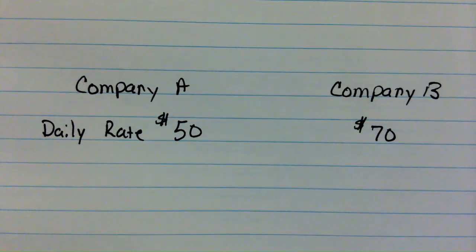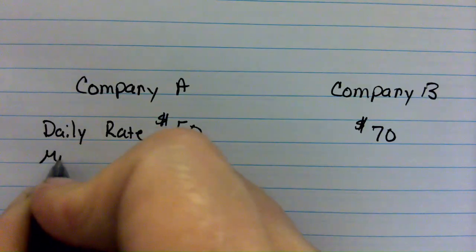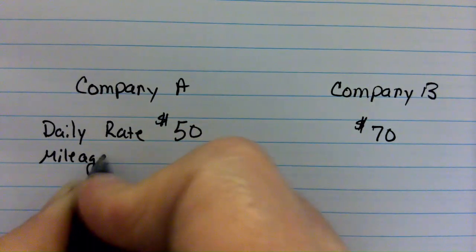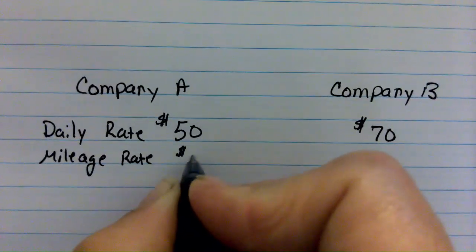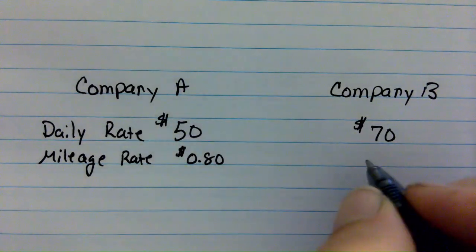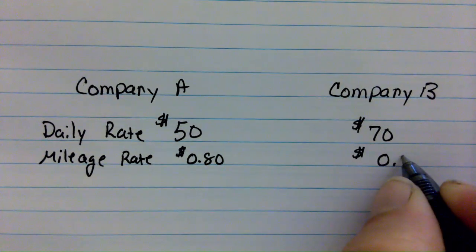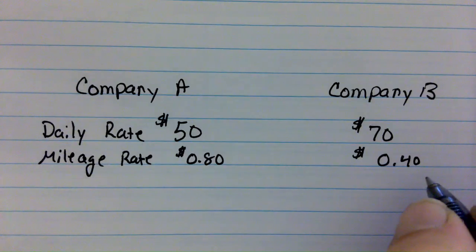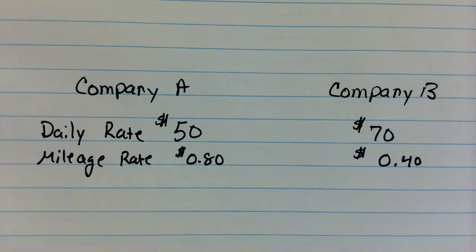So right now you're probably going, I'm going with company A. They also have a mileage rate of 80 cents, while company B has a mileage rate of 40 cents. When is company B going to be the better bet?